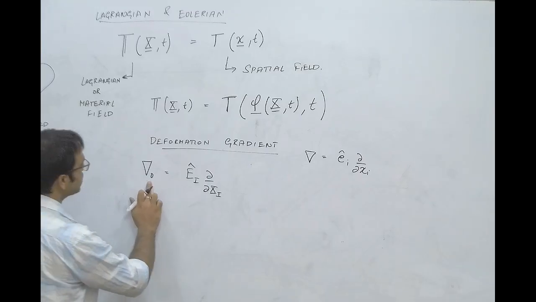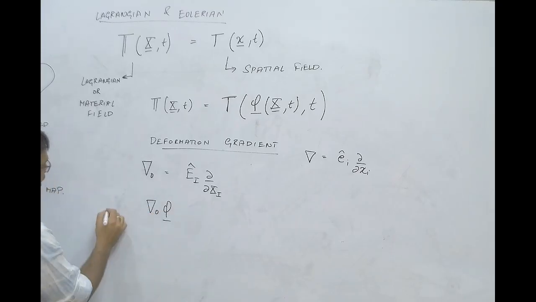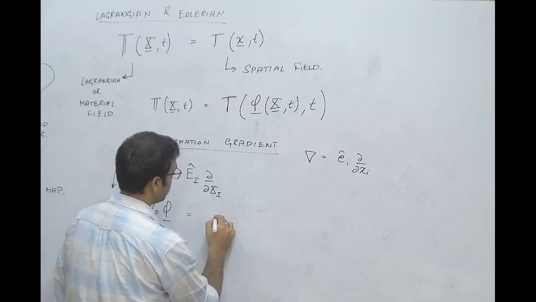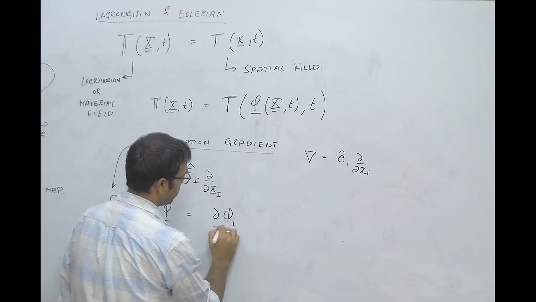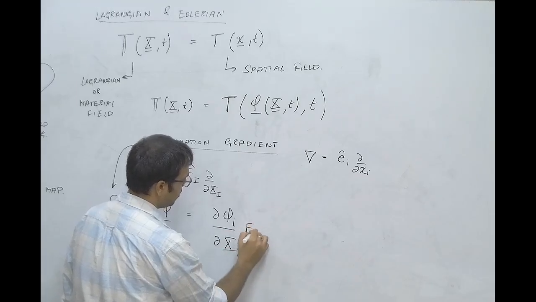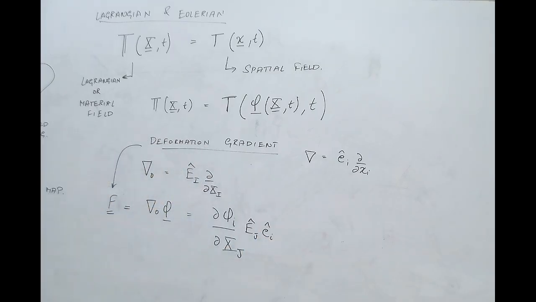Using this, now when I differentiate my deformation map, I get a second order tensor which is called the deformation gradient. And the definition is, as you might have predicted, del phi I by del capital X J, E J E hat I. Small or capital?